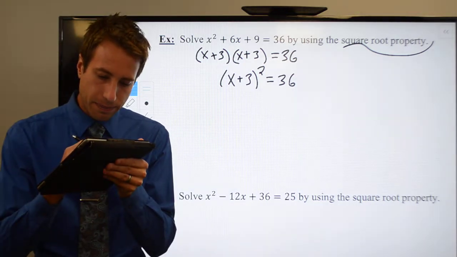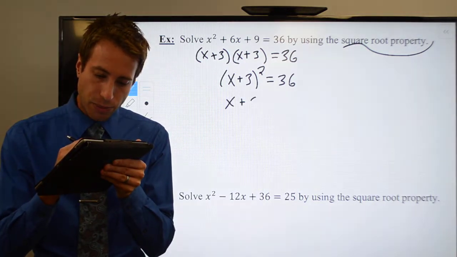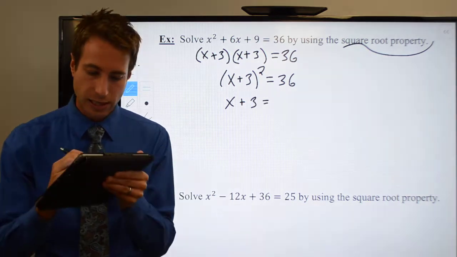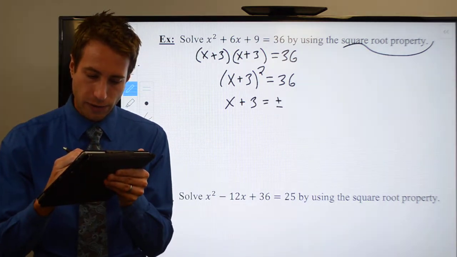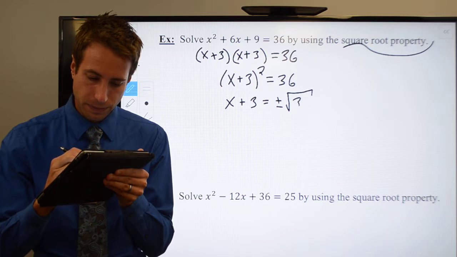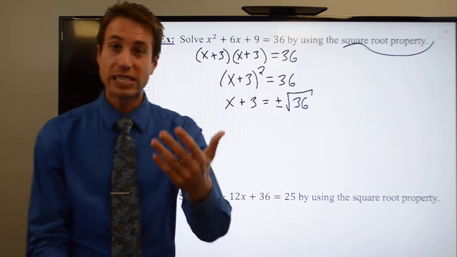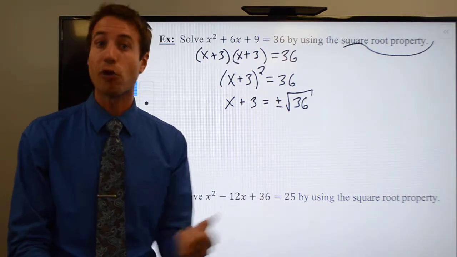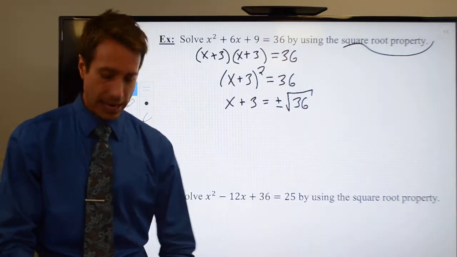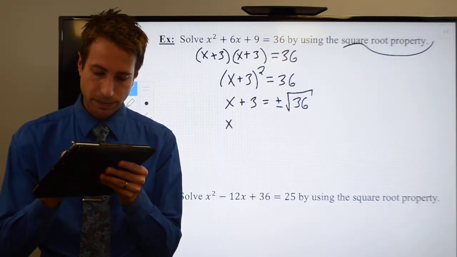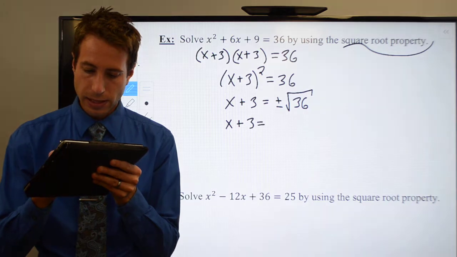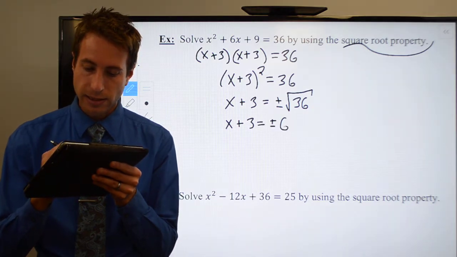So I'm going to do that. Don't forget to do plus or minus. I just made a huge deal of it, so I'm going to try really hard not to forget. And this one's easy. 36 is a perfect square, so I wind up with x plus 3 is equal to plus or minus 6.